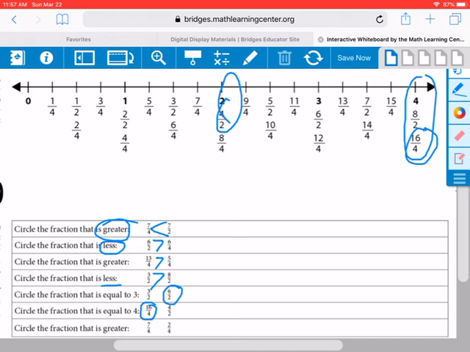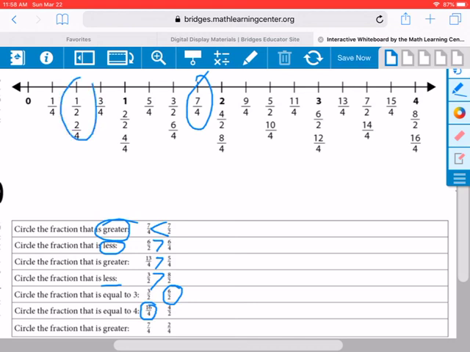So if we find, I'm going to erase these again, 7/4 on our number line, where is 7/4? There it is. And we find 2/4 on our number line. Which one is greater? Well, 7/4 is because it has the larger numerator. Okay, we'll talk about this again another day.